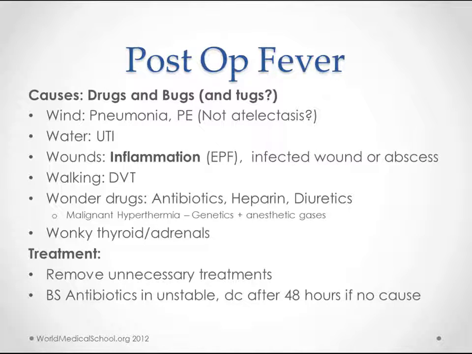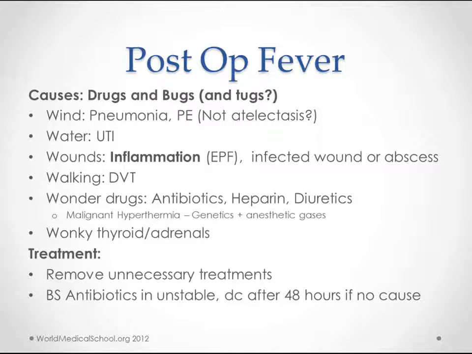It's caused by a certain genetic mutation that makes people unable to tolerate anesthetic gases. So this young lady, unfortunately, was in for a breast reconstruction, and she died in the surgical center because they didn't have the antidote to this, which is dantrolene.